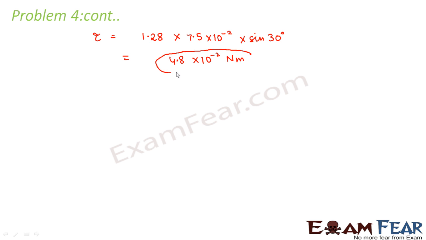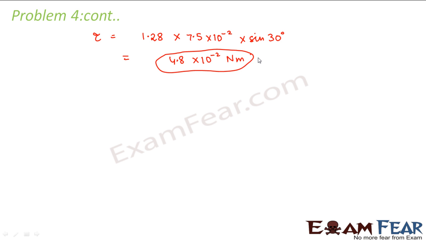So we can write it as 1.28 × 7.5 × 10^-2 × sine 30 degrees. This value comes out to be 4.8 × 10^-2 Newton meter. So this is the torque that will act on the solenoid when it is placed in a uniform magnetic field.